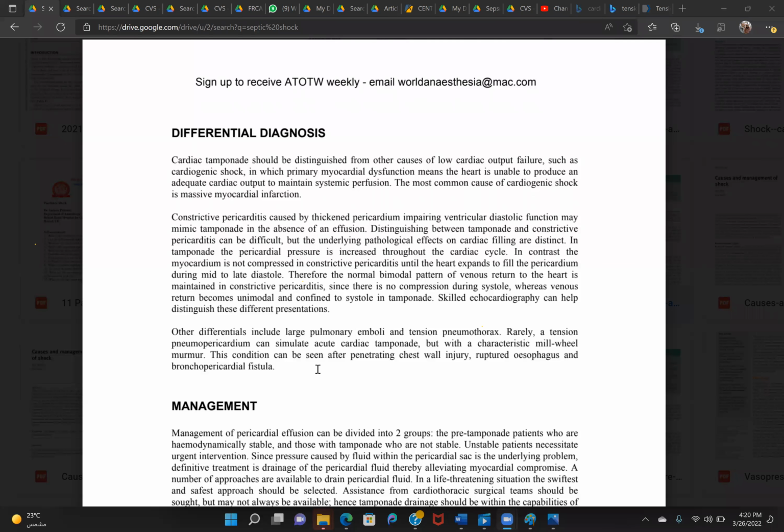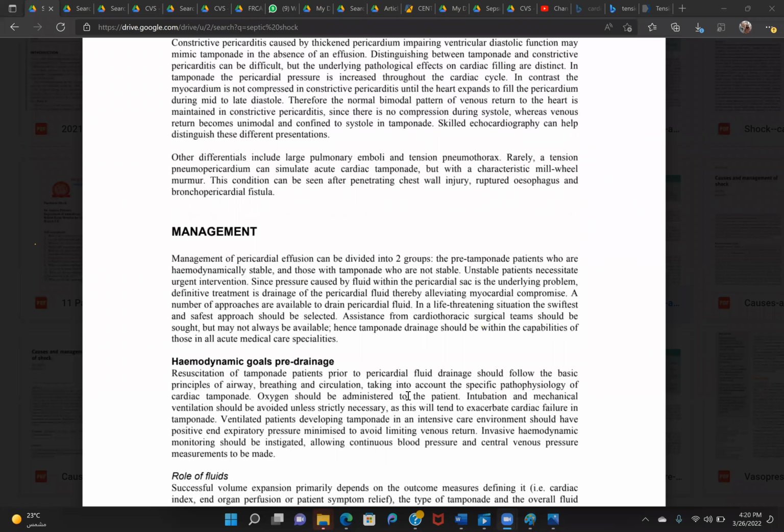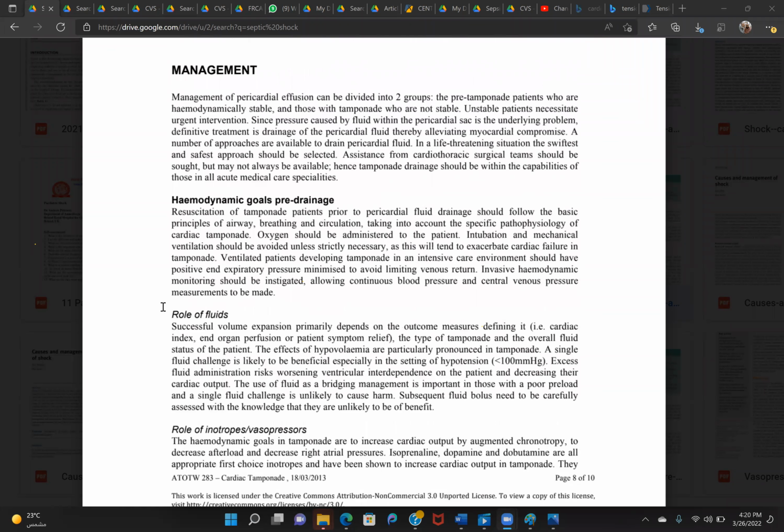Correct. Okay, role of fluid. As I told you, you have to follow the same airway, breathing, circulation approach. What happens if you are trying to do the intubation, maybe at the time of intubation, the patient will collapse, because whatever cardiac contractility was there, if you are giving any cardiac depressant medication, you see, that's where they have written it should be avoided unless it's strictly necessary.